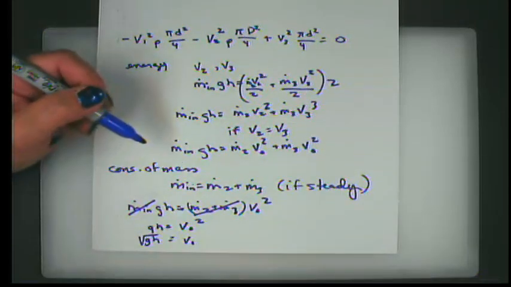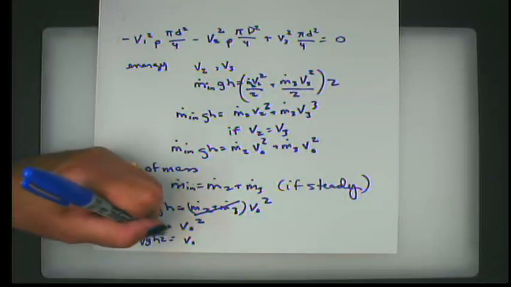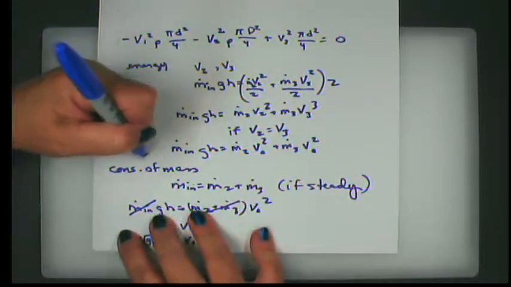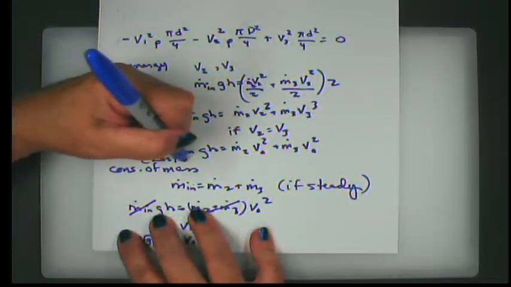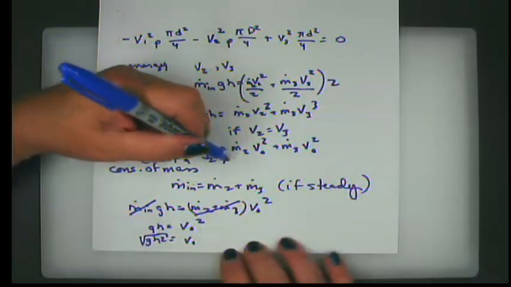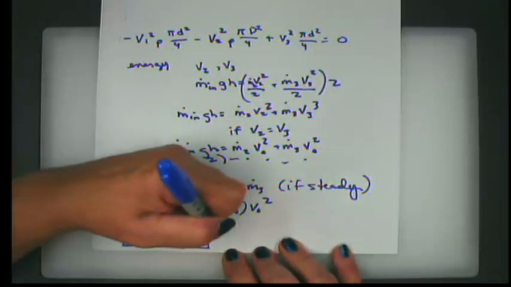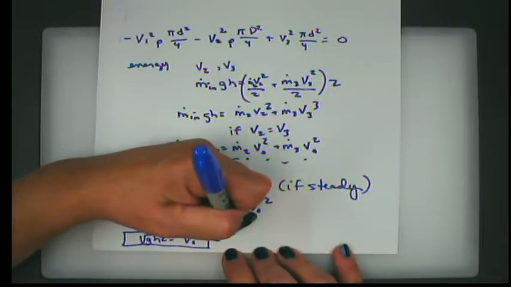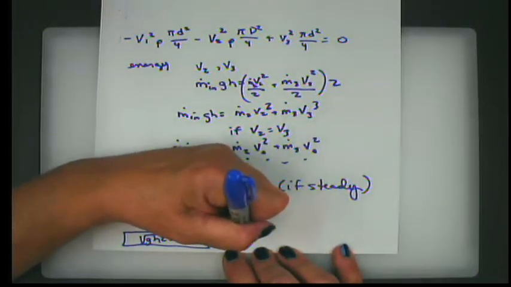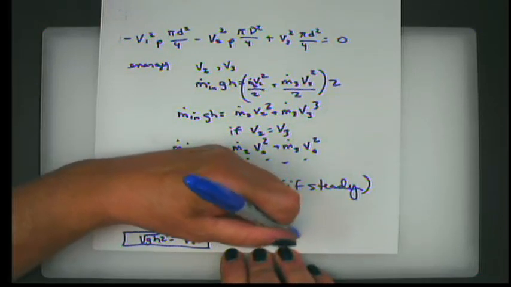And I've lost a 2 somewhere. This should be 2gh. So I'm just going to write a note here. Lost value 2. But this is just kinetic energy from potential energy.